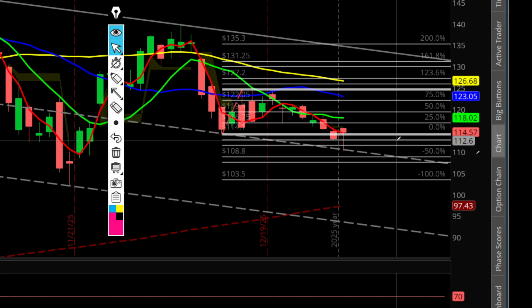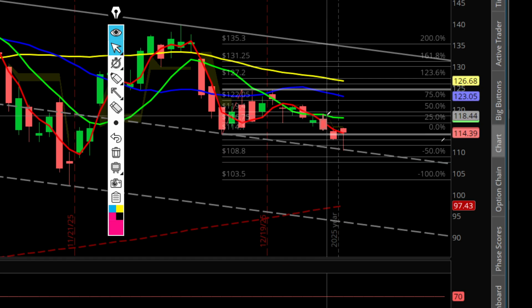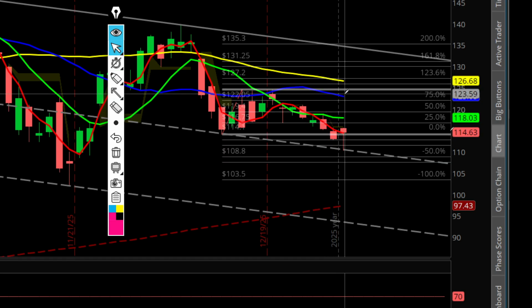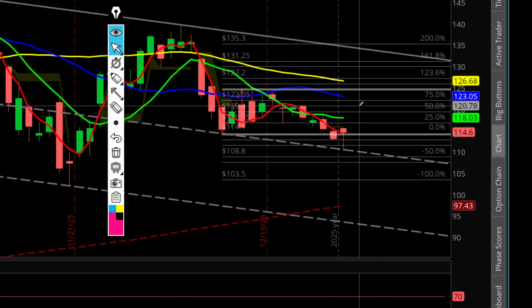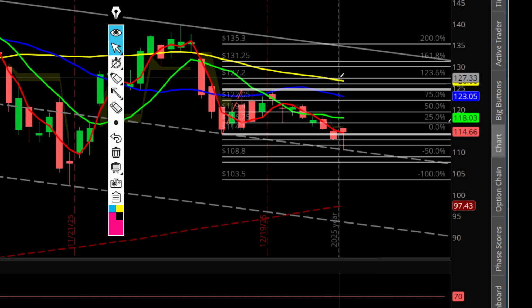No. If you want to go short, you want to wait until you take out these highs right here at minimum, ideally coming back up to here and then going short. Because in that situation, your stop is much tighter up above the 50. A kiss goodbye at the 50.